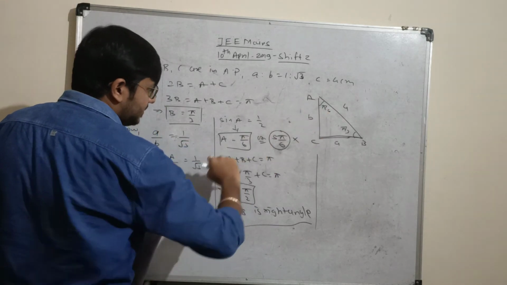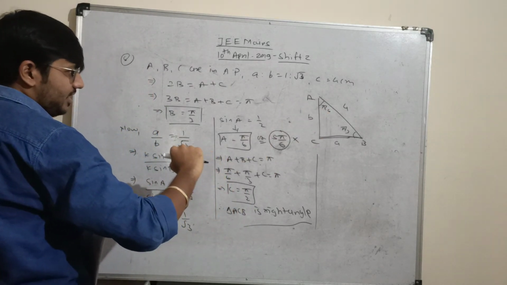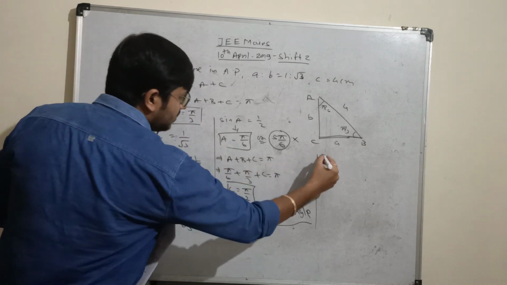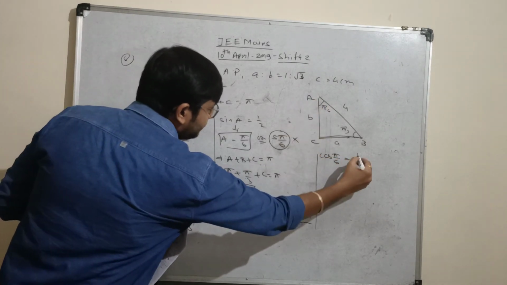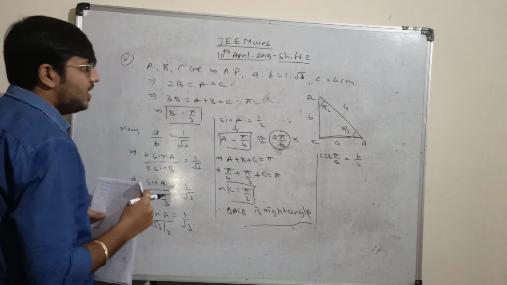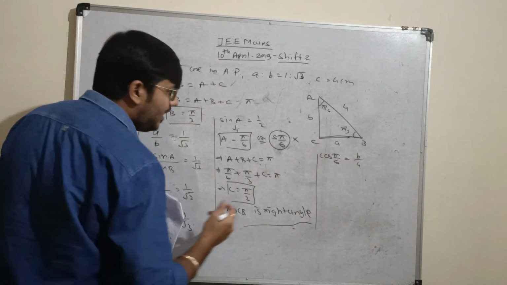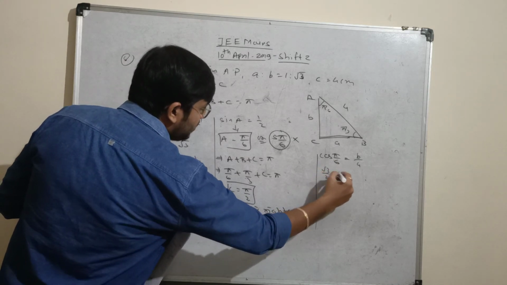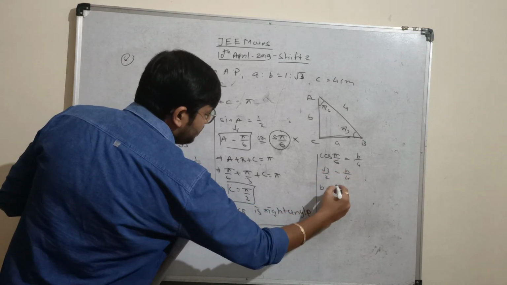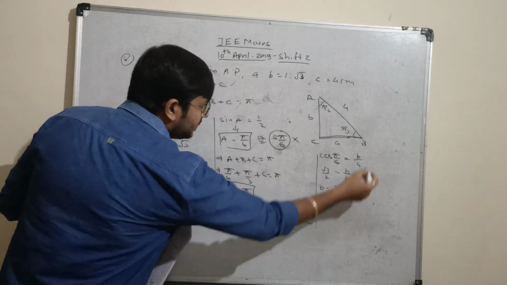From pi by 6, if I take cos pi by 6, that will be adjacent side upon hypotenuse, right? So cos pi by 6, that is root 3 by 2, equals b by 4. So b will be 2 root 3.